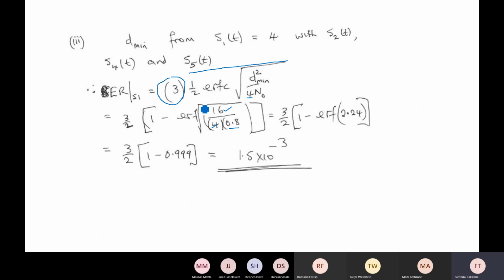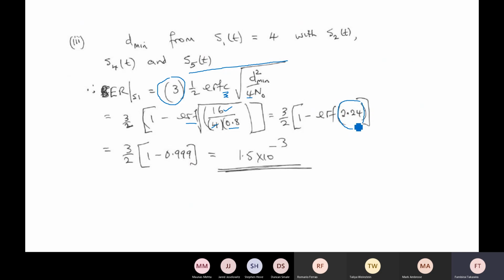And because we want to use tables, instead of the complementary error function we use the error function, but then we have to say erfc is 1 minus erf. So if we look at what is in the square root bracket, it reduces to 2.24 if my arithmetic is correct.